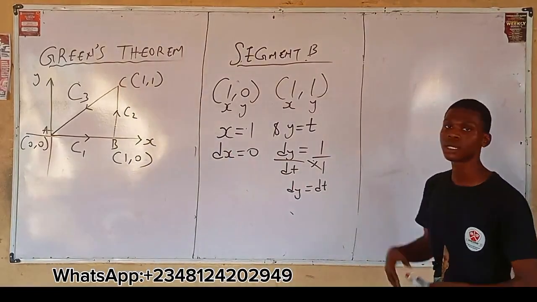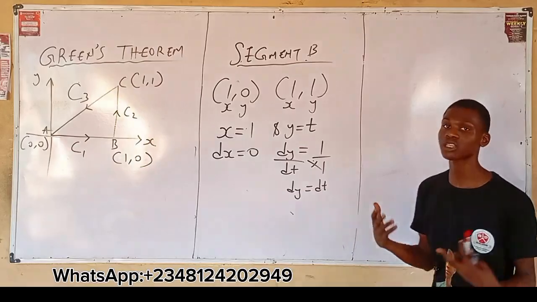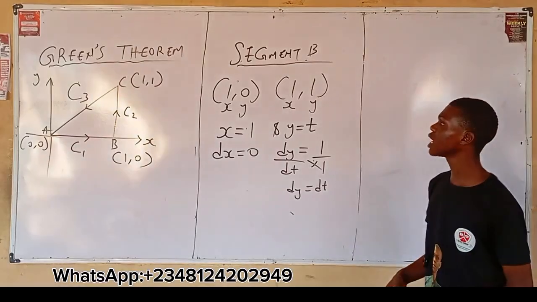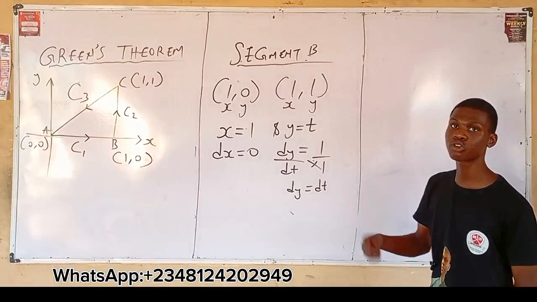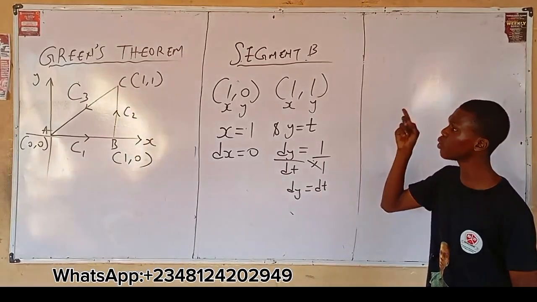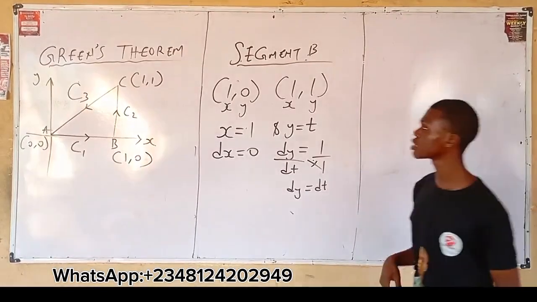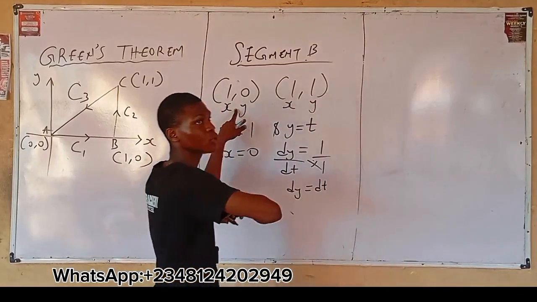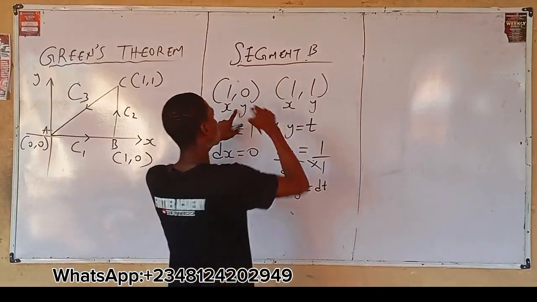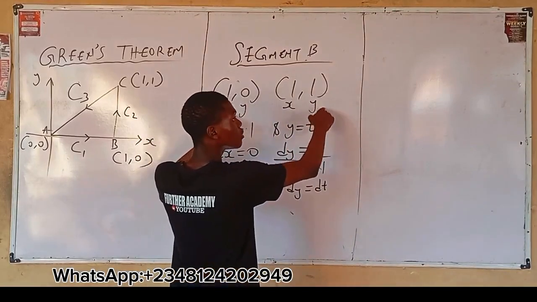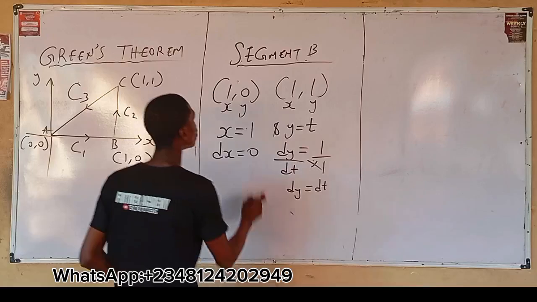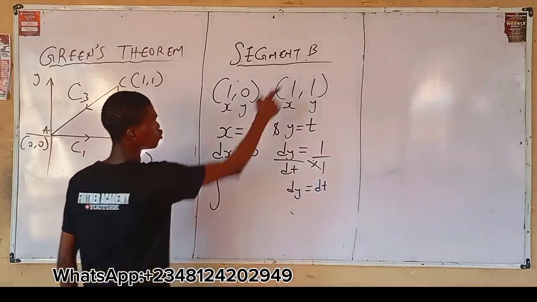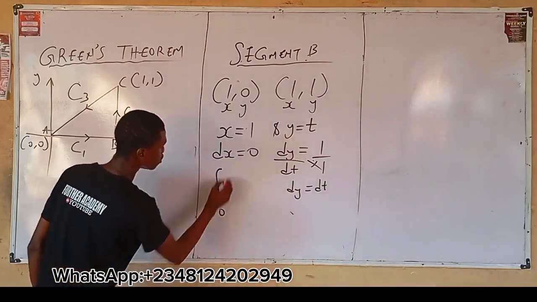The approach to know your limit is easy. We said your starting point becomes your lower limit, while your ending point becomes your upper limit. Now, since y is changing, just like the way we've explained for parameterization, meaning non-fixed, I'm starting from 0 to 1. My limit becomes 0 to 1.